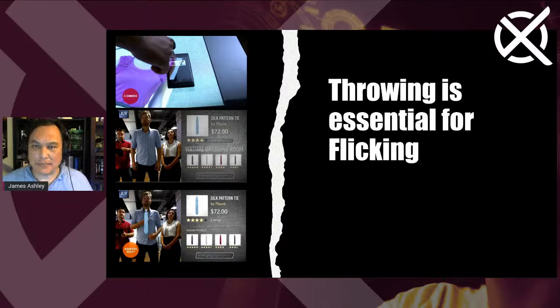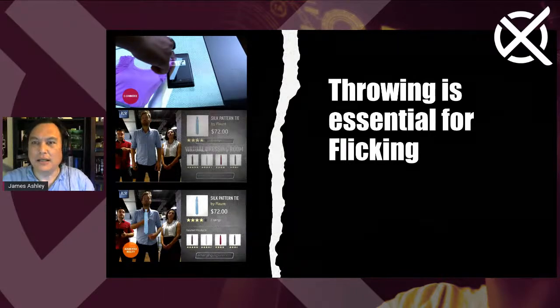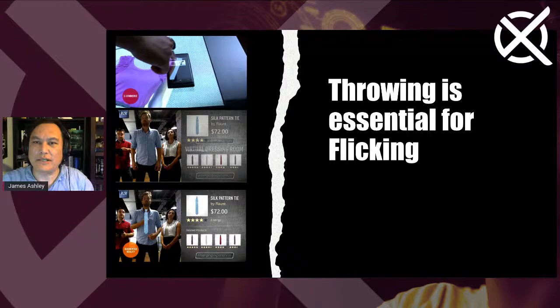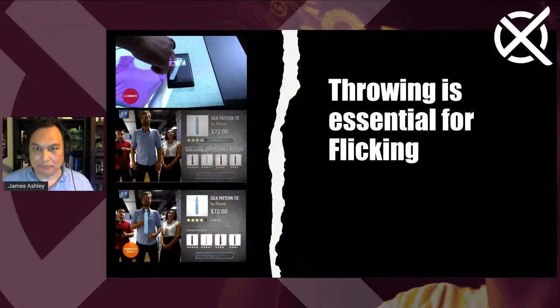So I want to talk about this because back in 2011, I was working with a company called Razorfish, and we had done an app called 5D. And at the time, it was really easy for us to do this throwing motion because we were working with the Surface table, which had an underlying toolkit, I think it was called the scatter control, that automatically had this built in, where you could grab objects, directly manipulate them around the screen, but then you could also release them, and they would have the momentum at which you threw them initially.